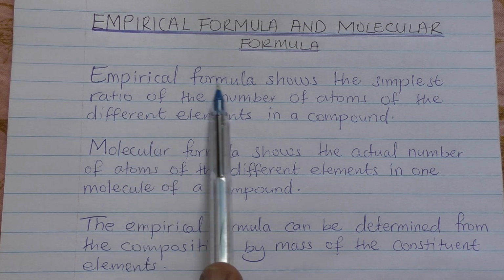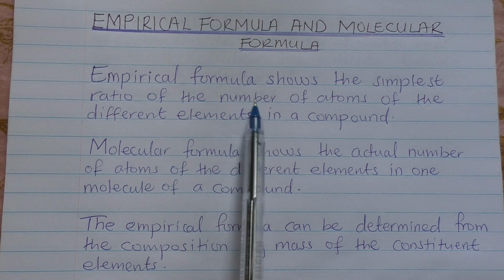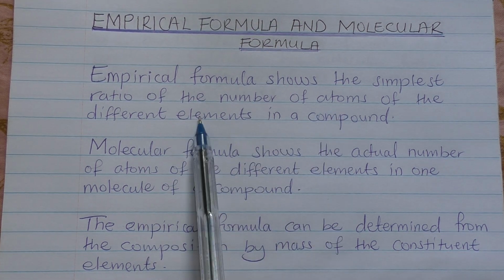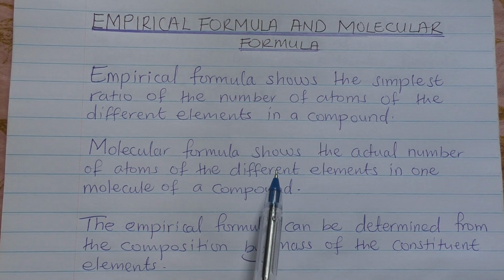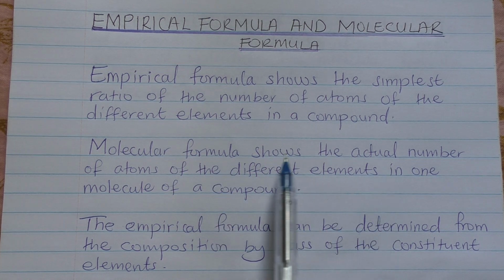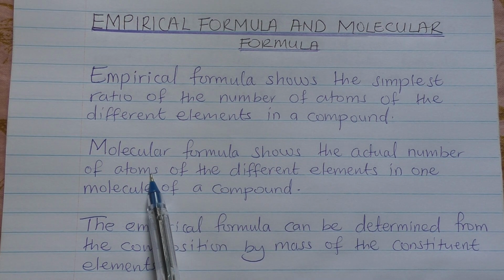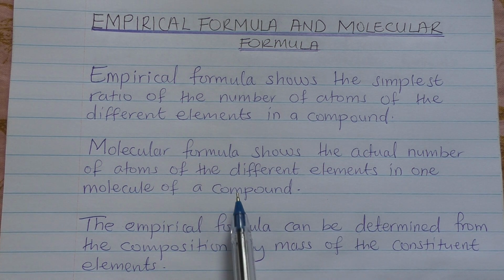Otherwise, empirical formula shows the simplest ratio of the number of atoms of different elements in a compound, and the molecular formula shows the actual number of atoms of different elements in one molecule of a compound.